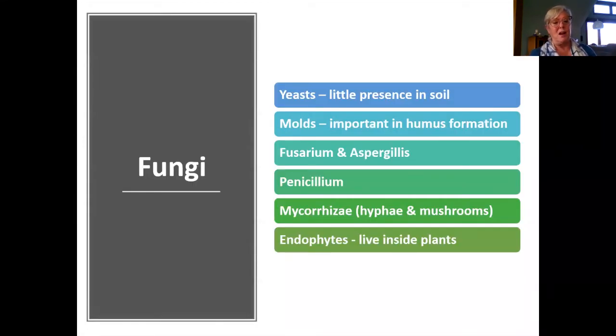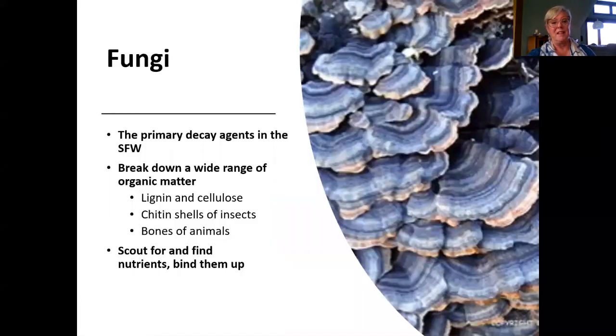Fungi come in a range of different forms, from yeast, molds, Mycorrhizae, which are the hyphae and mushrooms of fungi, and endophytes that actually live inside the plant. And these are all mostly beneficial. They are the primary decaying agents in the soil food web.